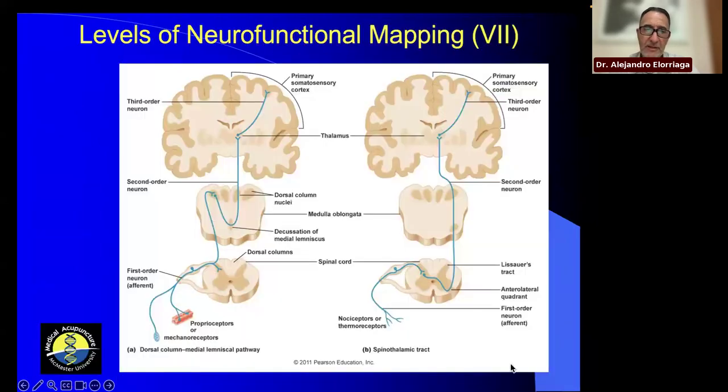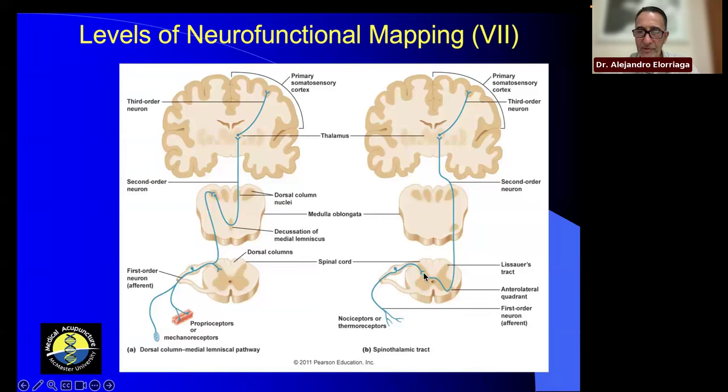So study all this: different information is packed in different groups of axons. We have two main ones. The nociceptors are going to cross the midline once they enter the dorsal horn.